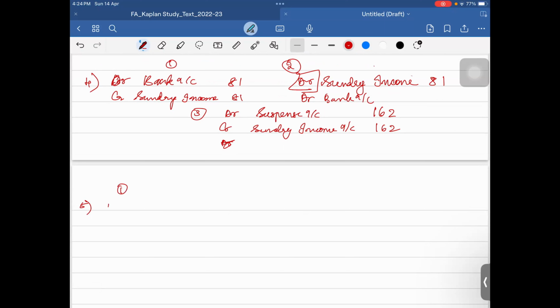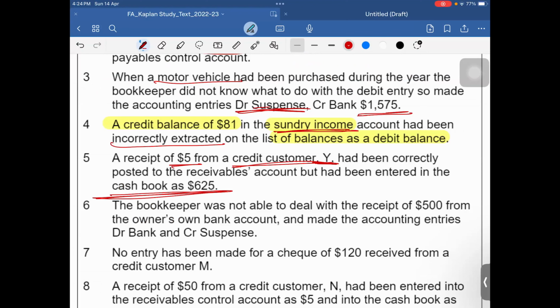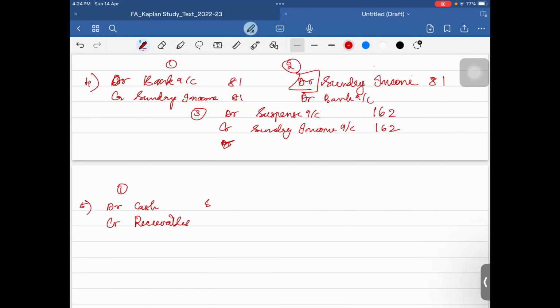First one, what should have been done? Debit cash, credit receivables. How much? 5. This is the original entry, what should have been recorded, right?